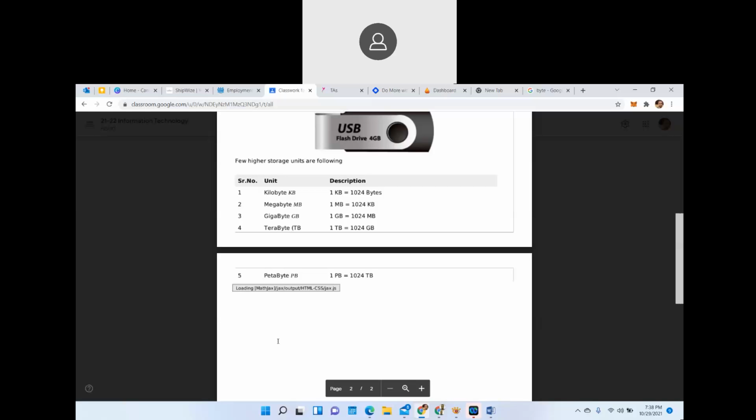But when it comes to 500 petabytes or 1 petabyte or a couple petabytes, you have bigger storage than that. I think the highest one that I know is zettabyte, that's 1000 petabytes. Those big organizations use those types of storage. They have massive storage rooms that store lots of data.